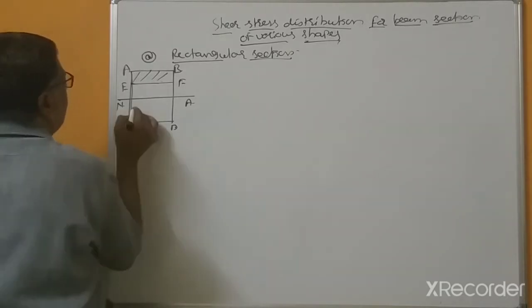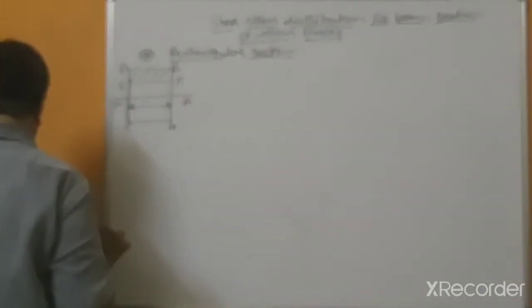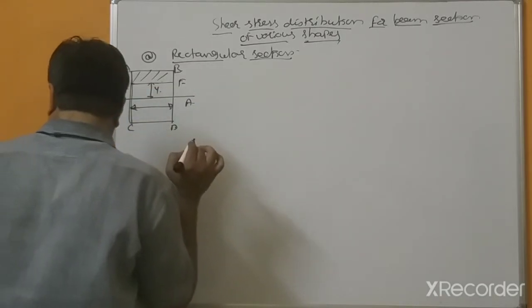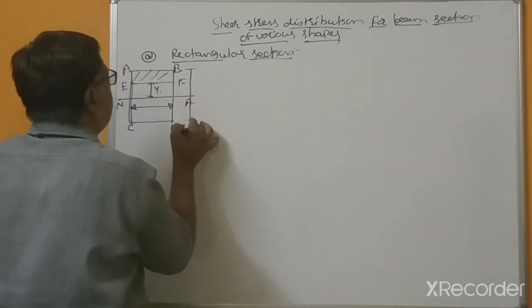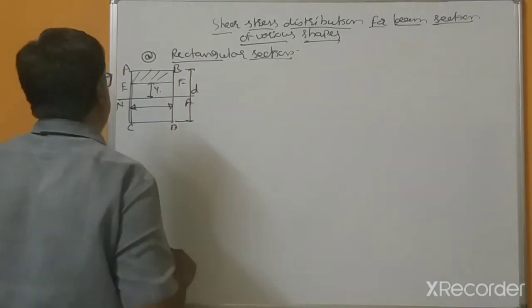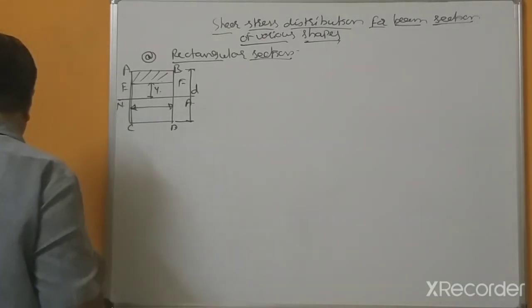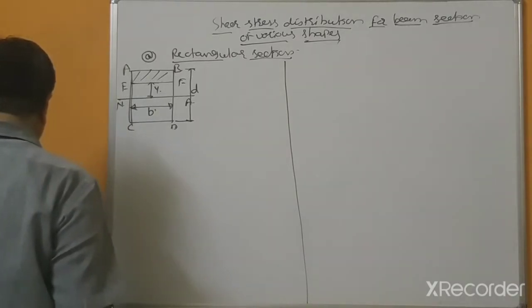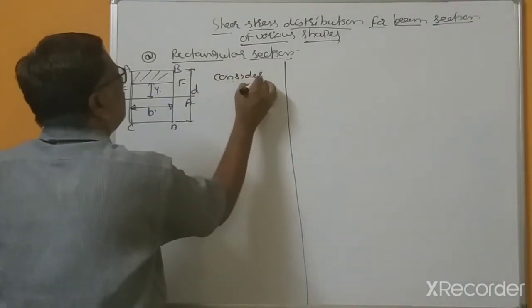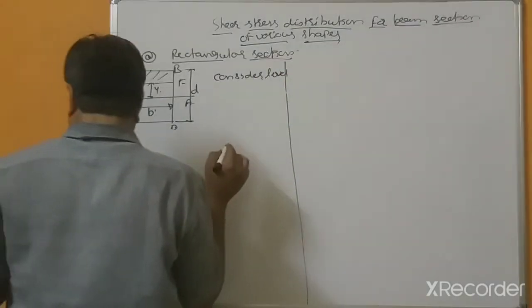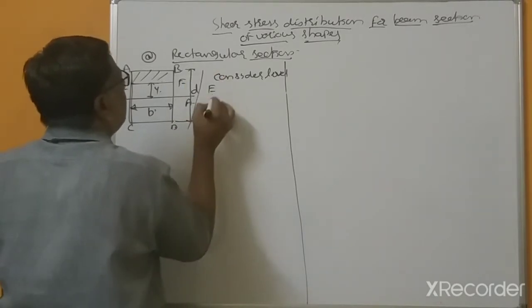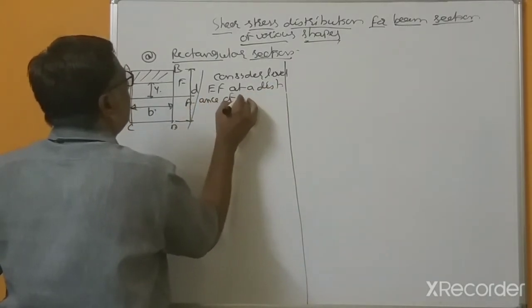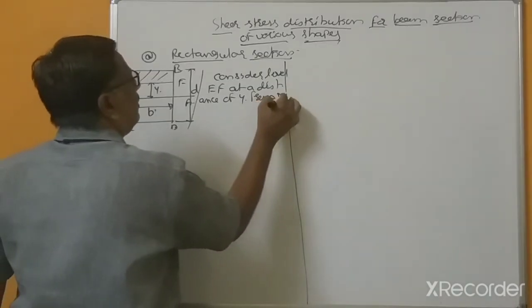This is Y, D is the depth, and width equal to B. So consider level EF at a distance of Y from the neutral axis.